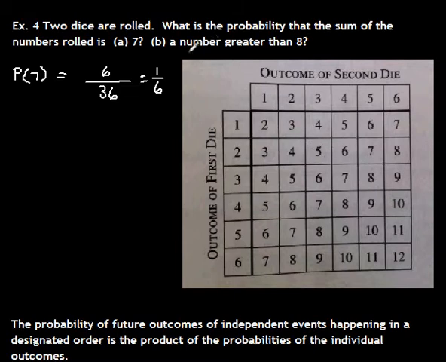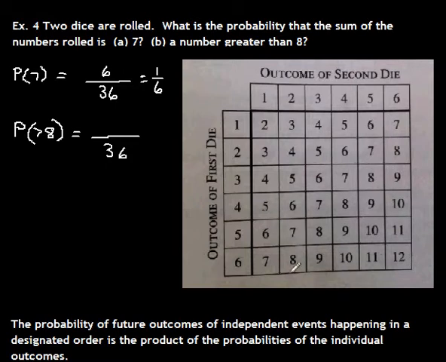What's the probability that we would roll a number greater than 8? Well, let's see. Roll a sum of a number greater than 8. So you can write that like that. Well, our sample space is still the same. We have 36 possibilities. Greater than 8. Well, we just count them. 1, 2, 3, 4, 5, 6, 7, 8, 9, 10.